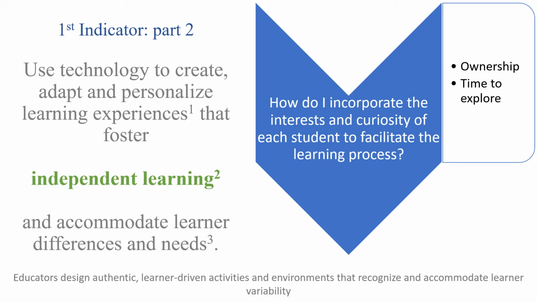How do I incorporate the interests and curiosity of each student to facilitate the learning process? Some ideas to try. Create opportunities for students to own and manage their personal learning goals. Or, give the students 5 minutes a day to learn whatever they want. Increase that time as the year goes on and as the students are able to take greater responsibility for the learning process.